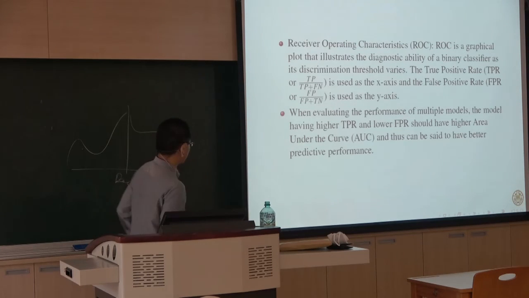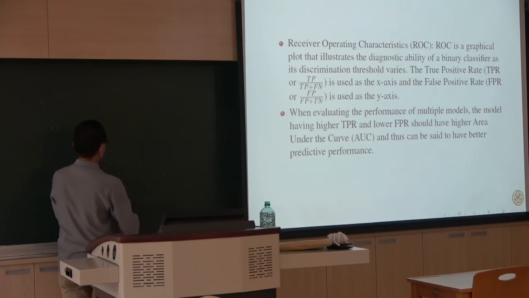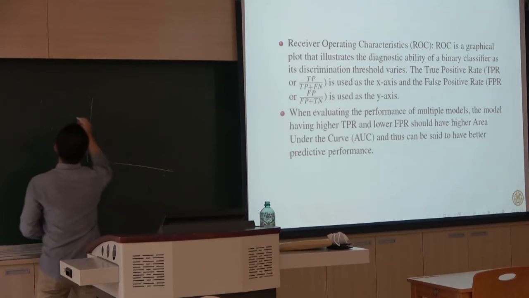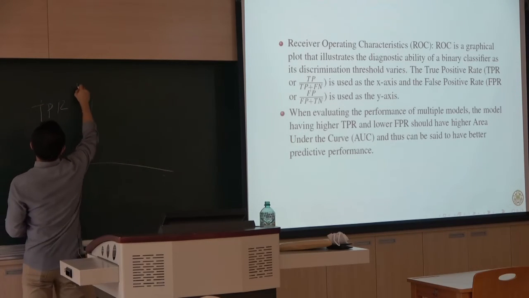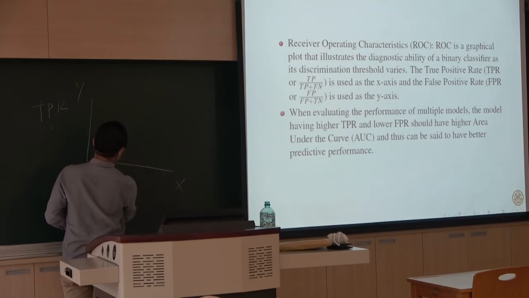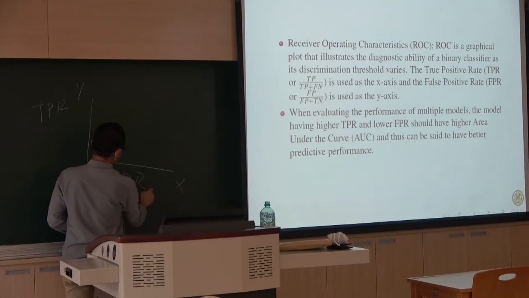I got something wrong here, I will update that. The true positive rate is on the y-axis and the false positive rate is on the x-axis.